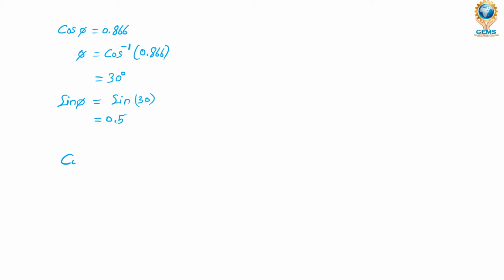From this, we have one formula. In previous classes, we already solved some numericals on it. Cos phi equals R by Z. From this, R equals Z phase into cos phi.